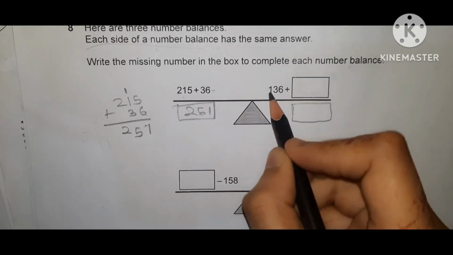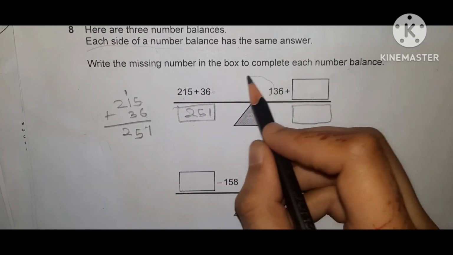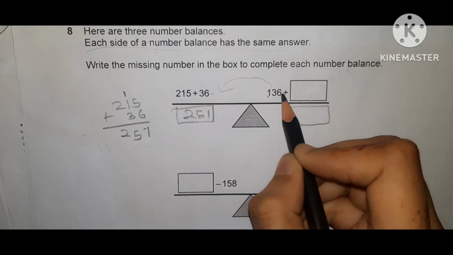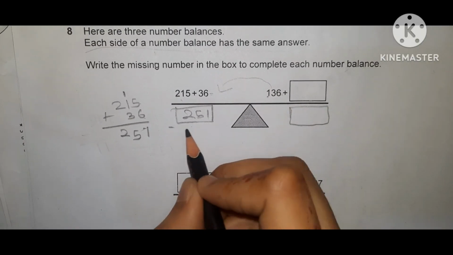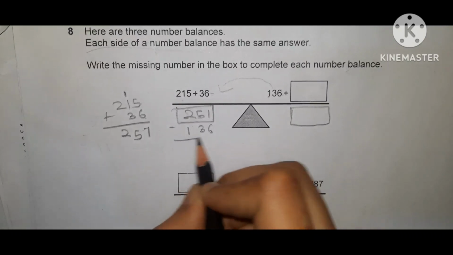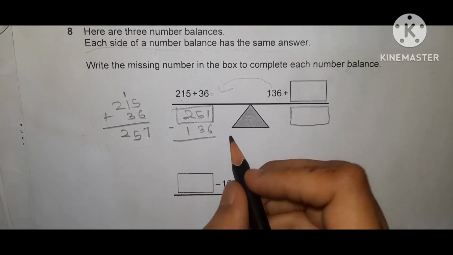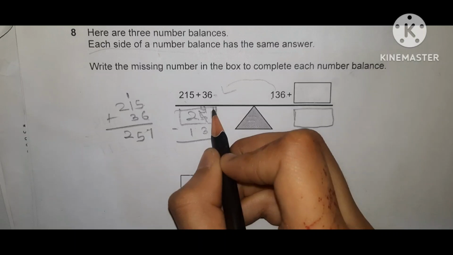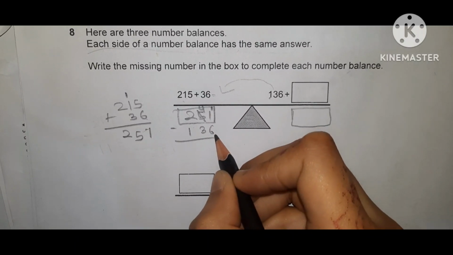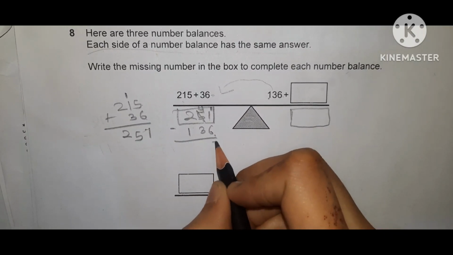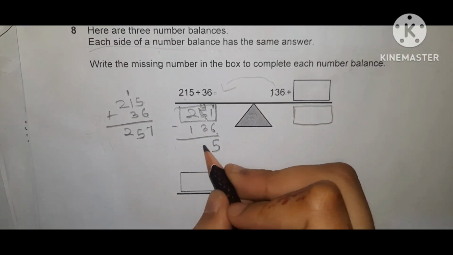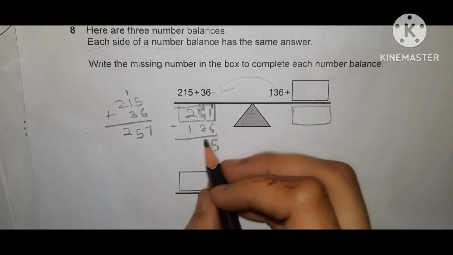Now it's 136 here. Let's bring this number this side. It's add now, so we'll subtract now. So we have to subtract 136. So you have to borrow. 11 minus 6 is 5. 4 minus 3, 1. 2 minus 1, 1.